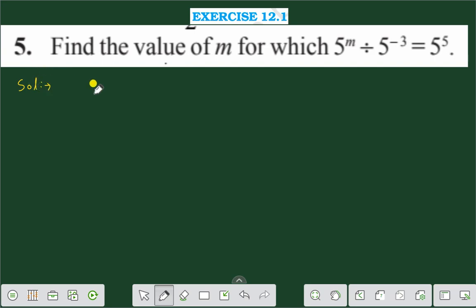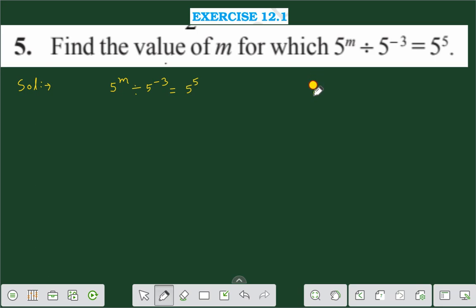Here it is given that 5 to the power m divided by 5 to the power minus 3 is equal to 5 to the power 5. Right?